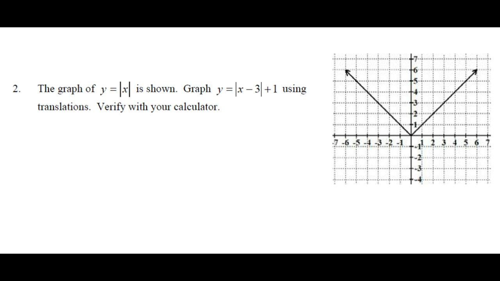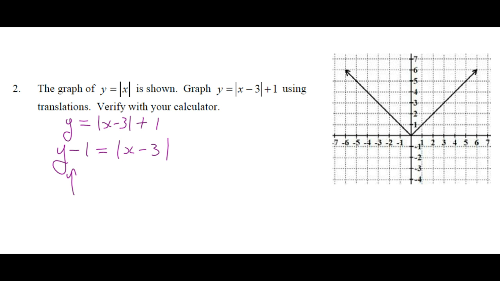All right, so here's the first thing we're going to do. So we're starting with absolute value of x. We end up with this, and I'm going to rewrite it like this, so that we can now say, okay, the y was replaced by y minus 1, which results in what happening?